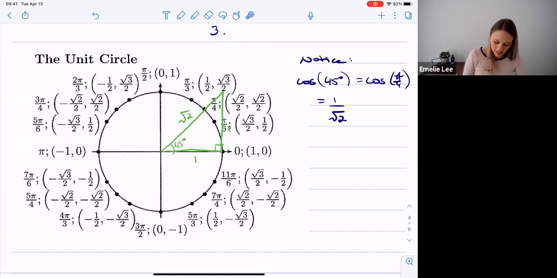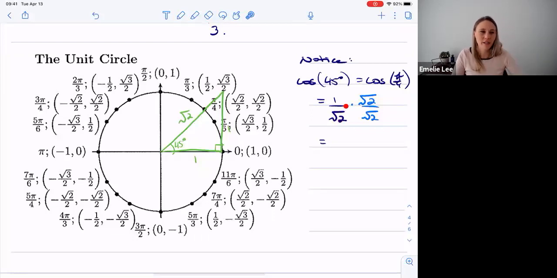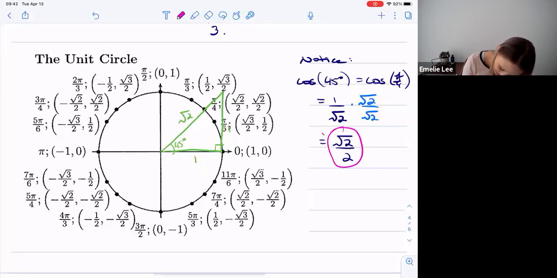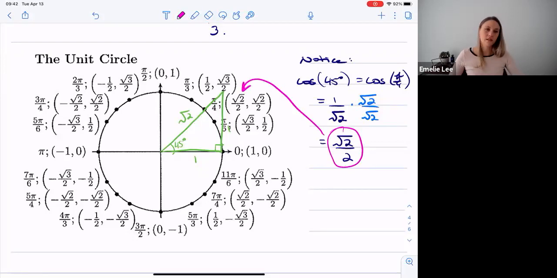Okay, to make it match this setup here, what they've done is they've rationalized the denominator. And so what you can do is multiply by root 2 over 2 to move this square root up to the numerator. And so then what you get is root 2 over 2, which is the same as this guy here.